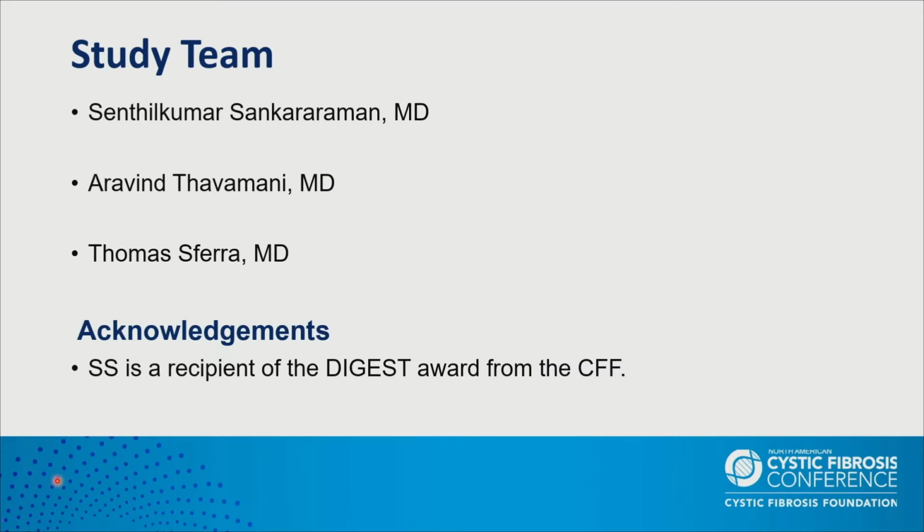Senthil, these data are pretty similar to data that came out of Europe, suggesting there's an increased all-cause mortality in individuals with advanced liver disease. I don't think any of us really understand the mechanism of that, but is there anything in your data that might get at that?